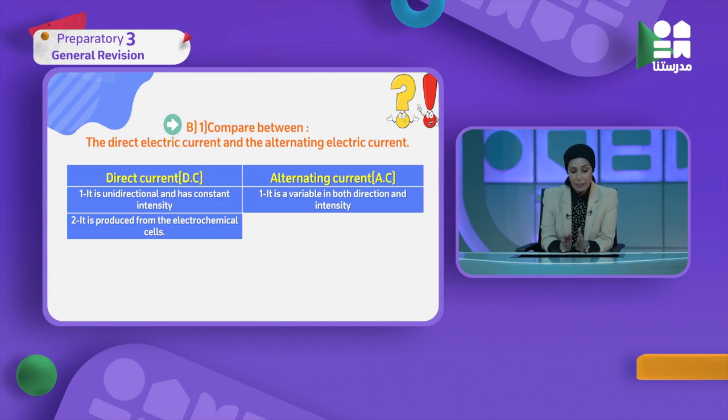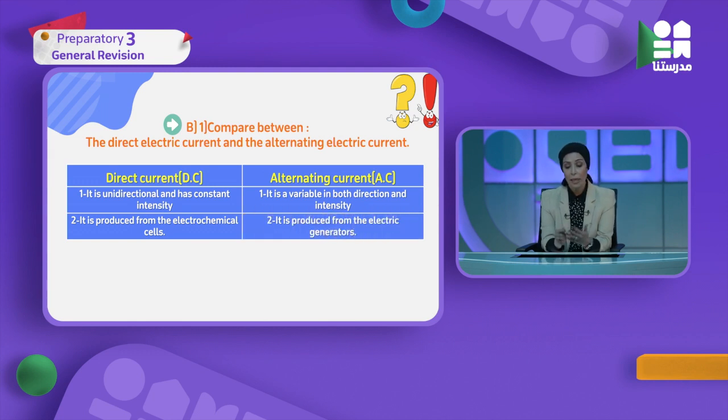What about the second one? The direct current is generated only from the electric cell, the batteries. I can get the direct current only from electrochemical cells, which are batteries. But I can get the alternating one from a huge electric generator.